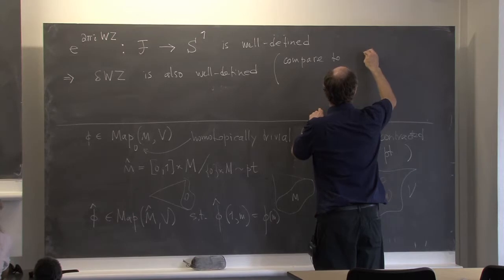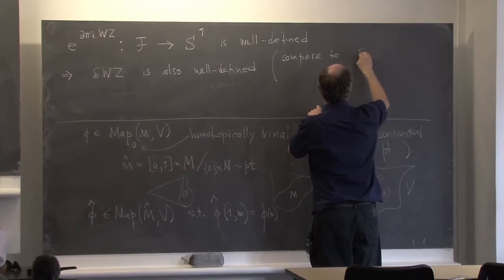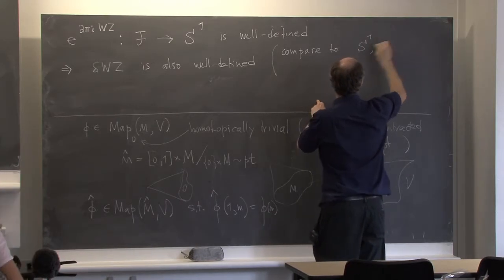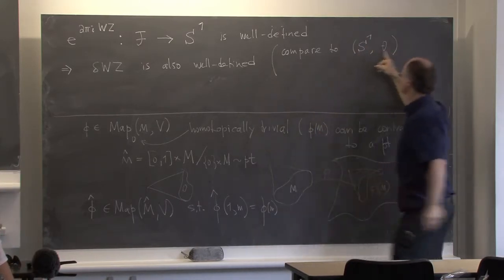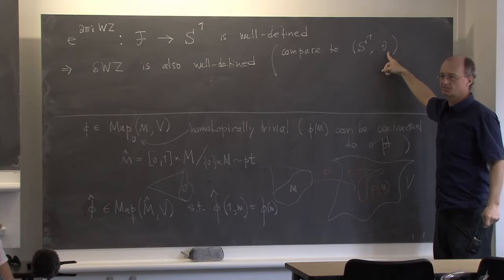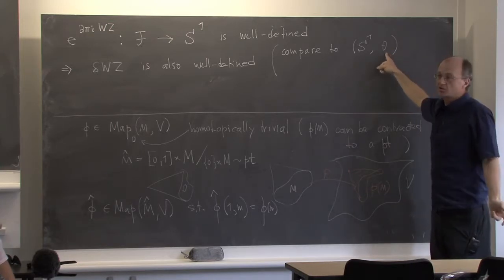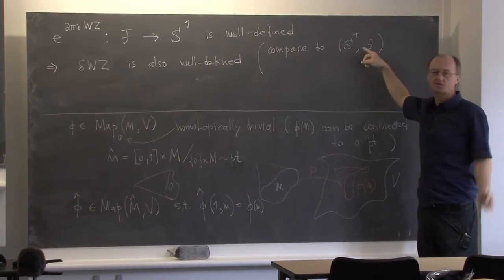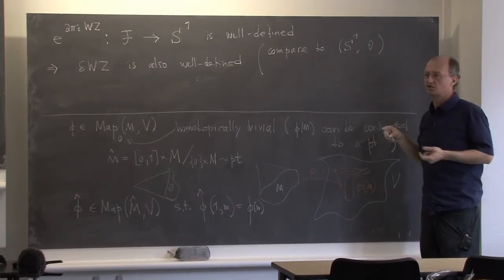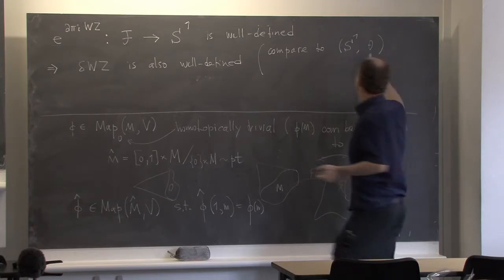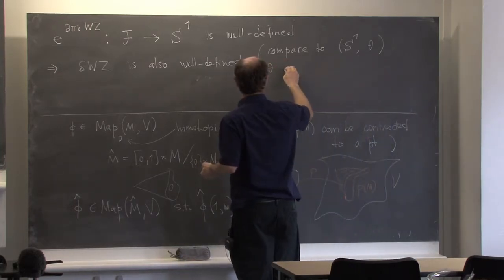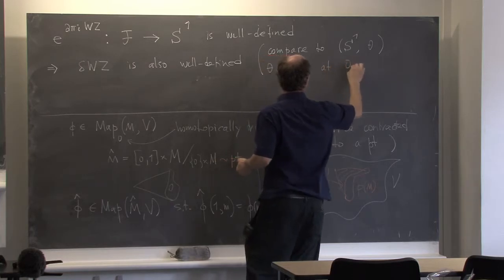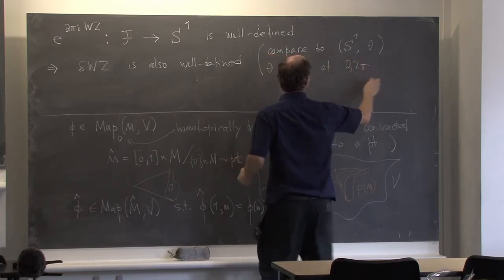Suppose you consider a coordinate on the circle. So you have S1 and you have a coordinate theta. Theta is not a well-defined function on S1, or you can make it well-defined, but then it's not continuous, it would jump at 0 and at 2 pi.